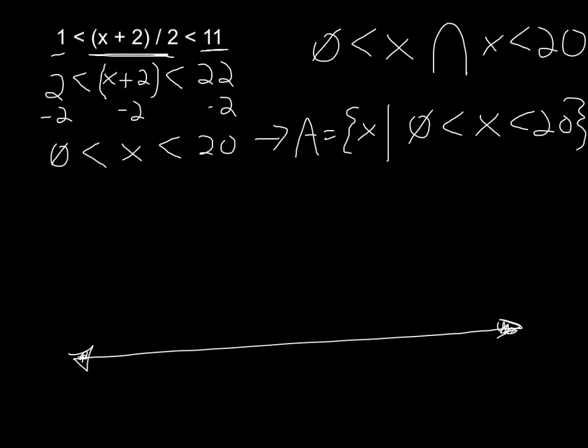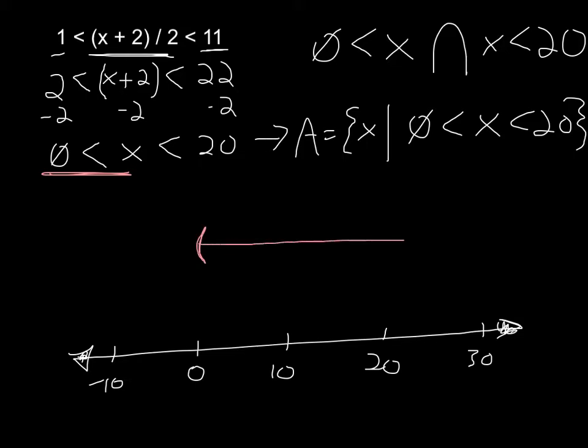We know we're going to need 0. We know we're going to need 20. We're not going to be able to fit all the numbers in between. So let's just write down 10, negative 10, and 30. Everybody can understand that. The left side here, x is greater than 0. We know how to draw that. x is less than 20.